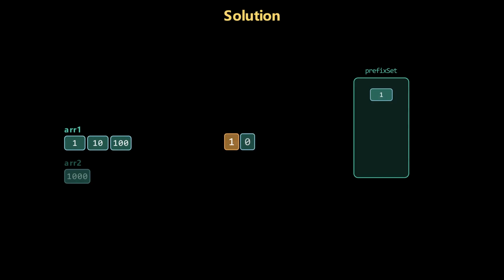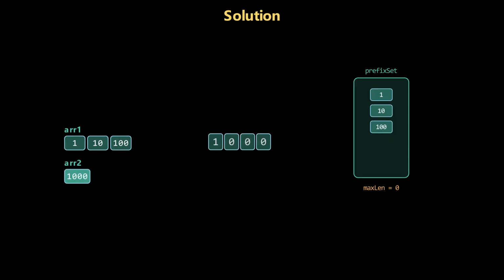Prefix 1 is already in the set, skip. Digits 1 and 0 form prefix 10. Add 10 to the set. Index 2, value 100. Prefix 1, skip. Prefix 10, skip. Digits 1, 0, 0 form prefix 100. Add 100 to the set.